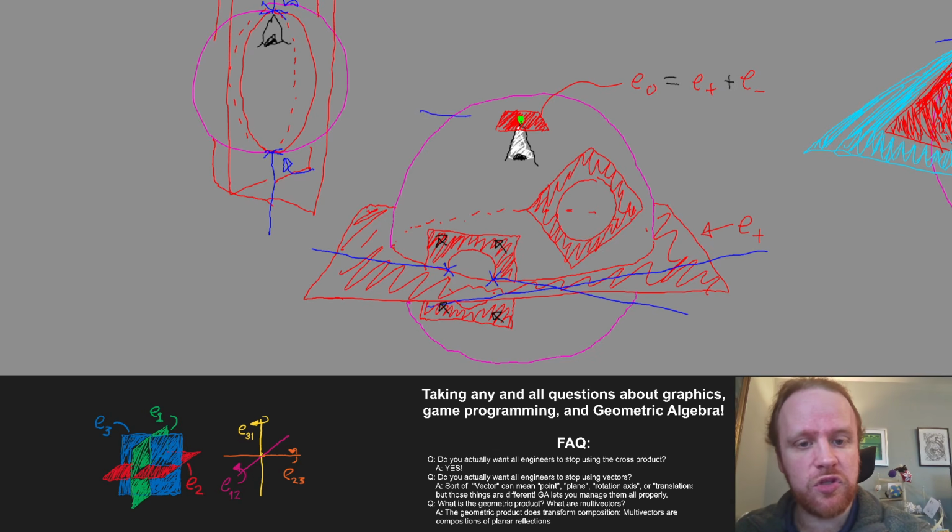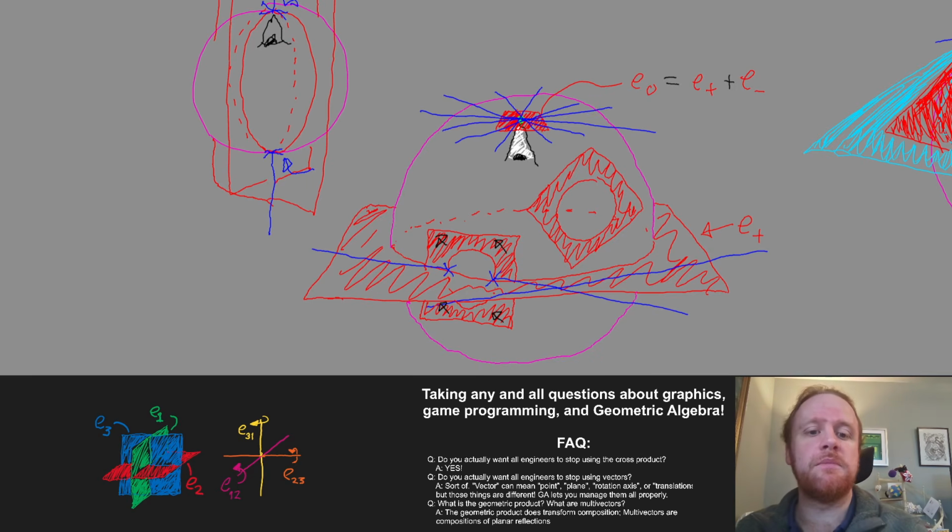Things in 2D conformal geometric algebra that generate translations are all these lines up here. They're all lying inside this E0 plane, and they all pass through the point here. That's the point at infinity.